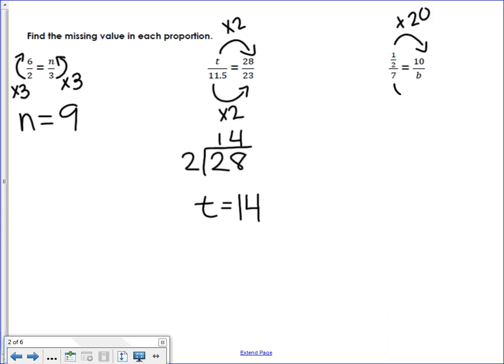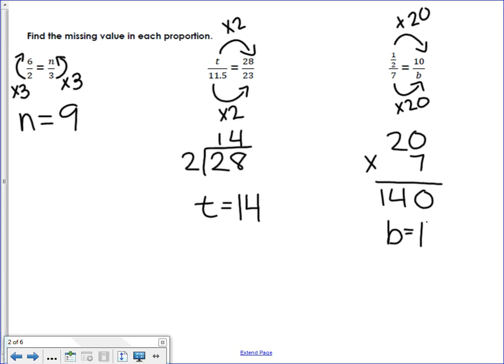Remember, whatever you do to the top, you must also do to the bottom. So we need to do 7 multiplied by 20. So b is equal to 140.